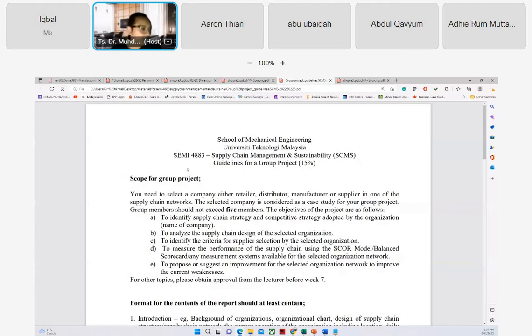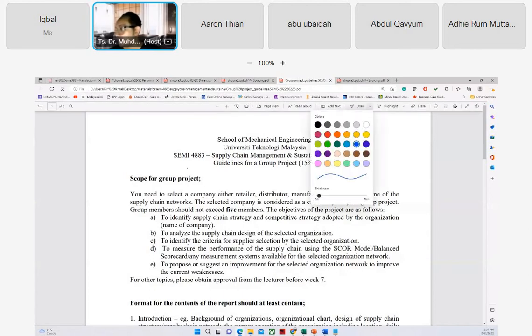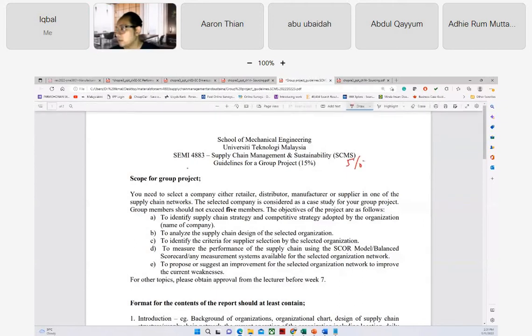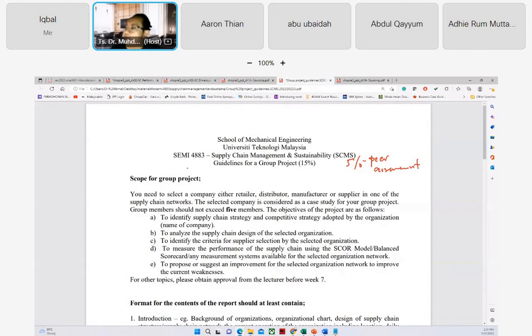Another 5% is your peer assessment. This peer assessment will be based on your group's collective decision in giving you marks.